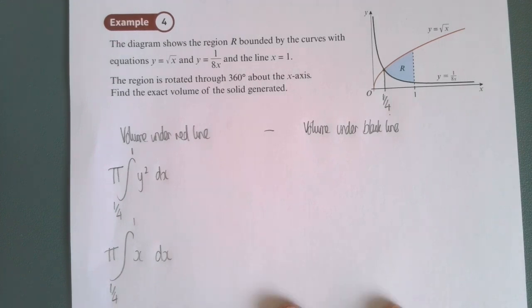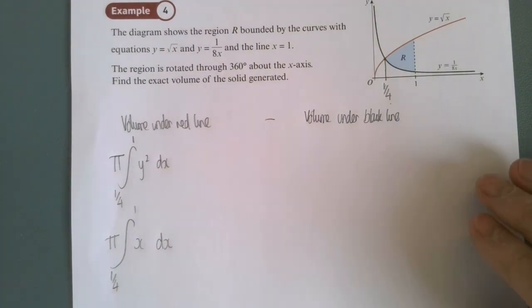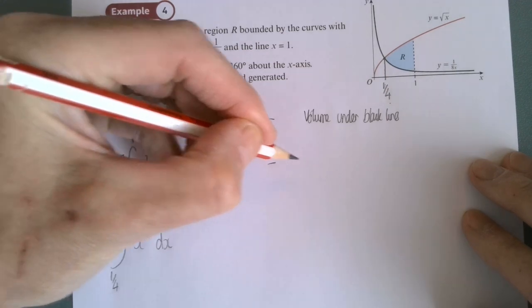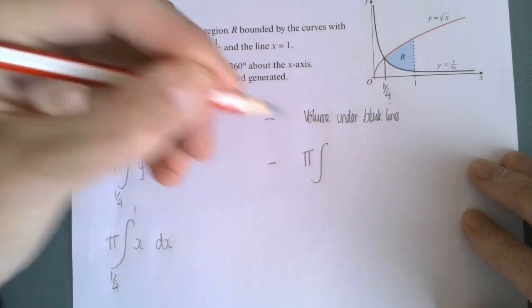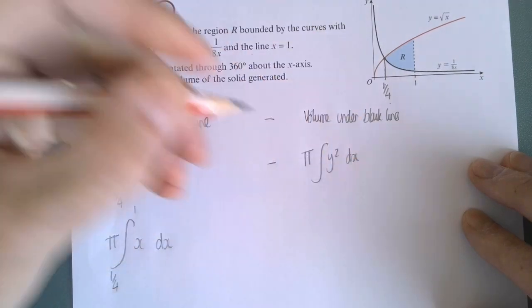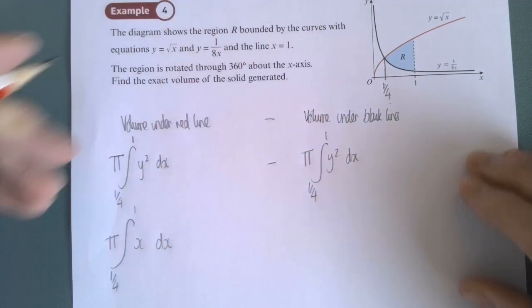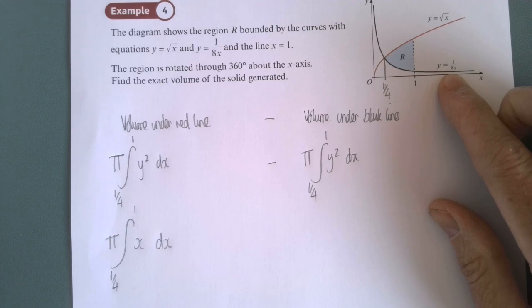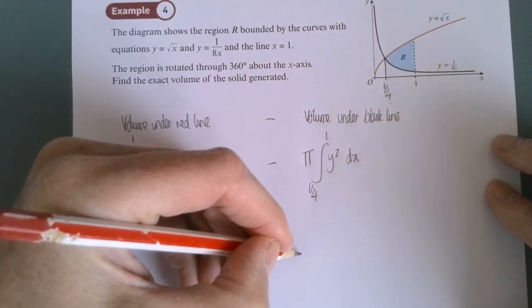And the volume under the black line is, and in this case y squared will be 1 over 64x squared. We've already met that.